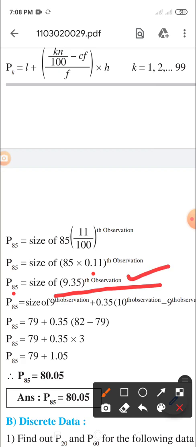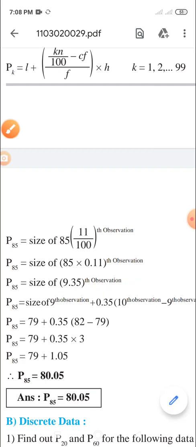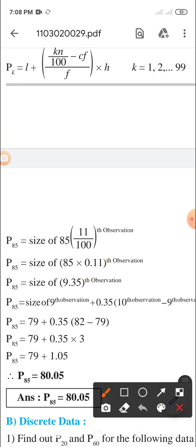Okay, 9.35. Under this situation we have to make certain adjustments. To calculate P85 we have to make certain adjustments.